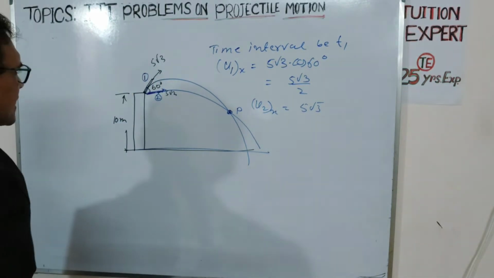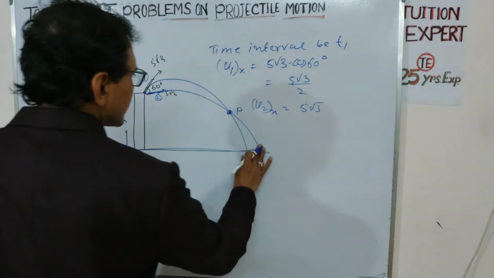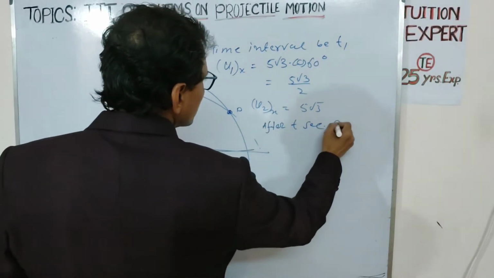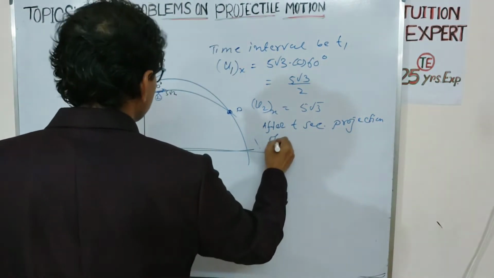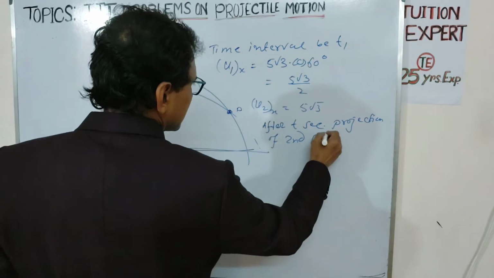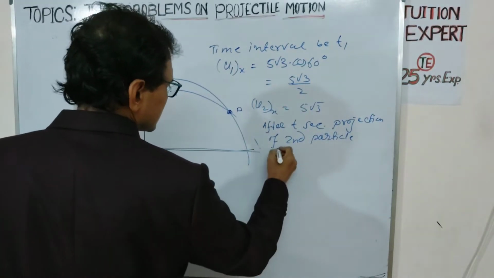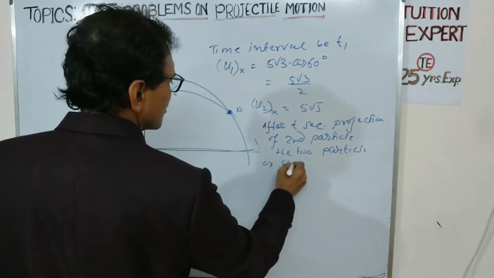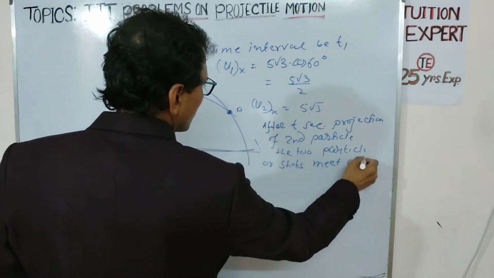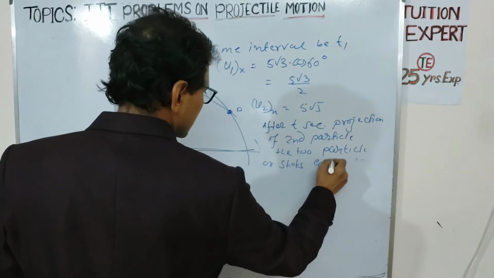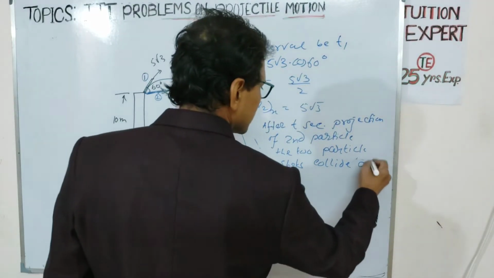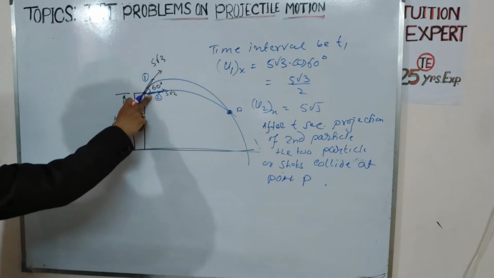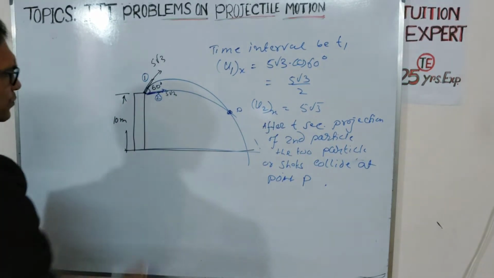Suppose after t seconds from the projection of the second particle, the two shots collide at point P. So after t seconds from the projection of the second shot, the two particles collide.